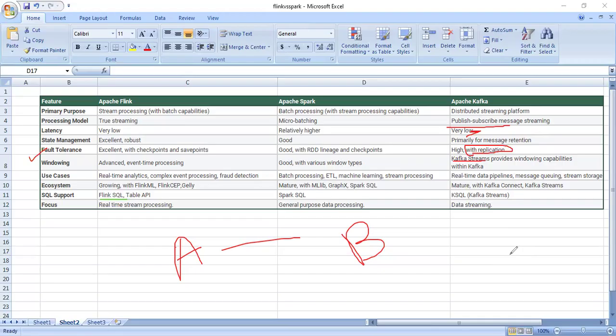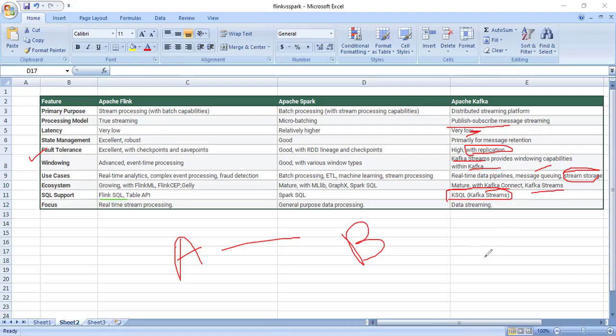Using Kafka, we can build real-time data pipelines and message queuing systems, and it acts as storage for the streaming data. It is quite matured and widely used. It has Kafka Connect libraries, Kafka Streams libraries, and so on. It gives us KSQL, the SQL flavor to work with the data present in a Kafka cluster.